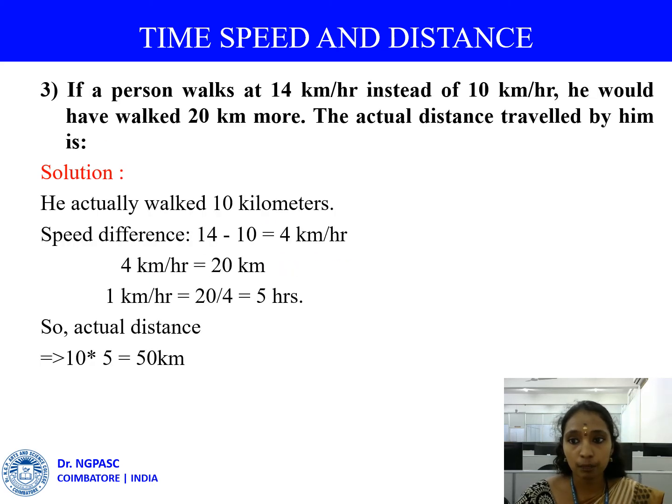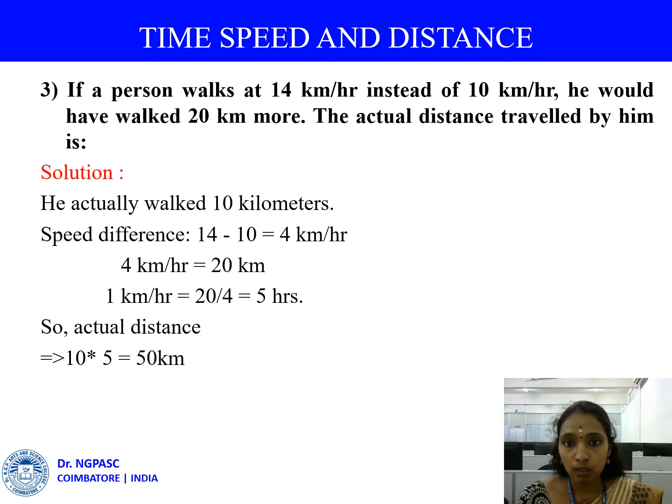So next, another question. If a person walks at 14 km per hour instead of 10 km per hour, he would have walked 20 km more. The actual distance traveled by him is?